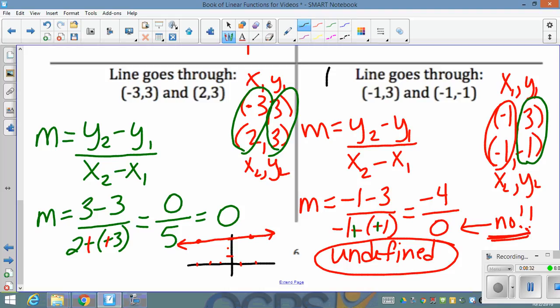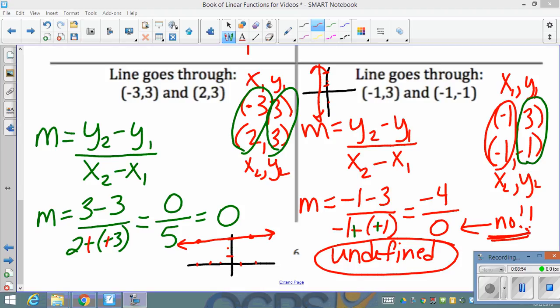If I were to plot these points real quick, negative 1 comma 3 and negative 1 comma negative 1, this one is going to be a vertical line, which is why the slope is undefined.